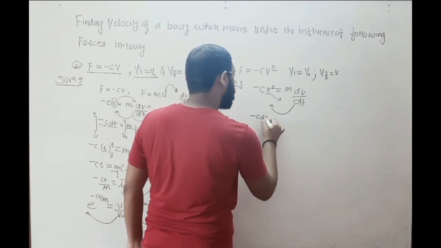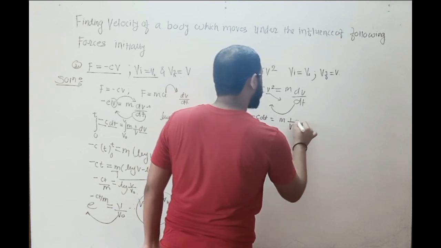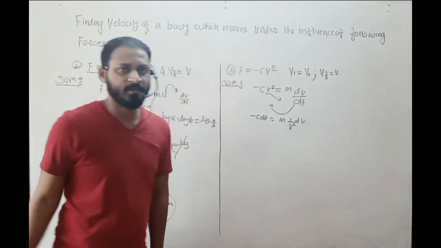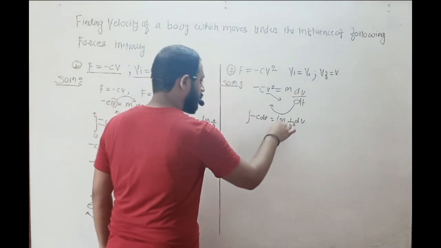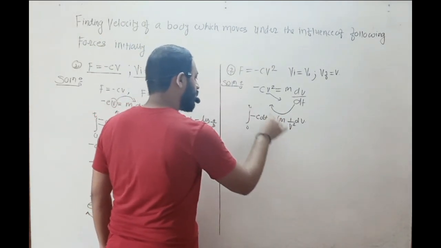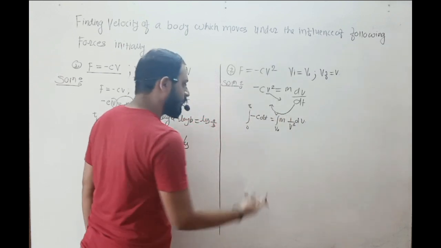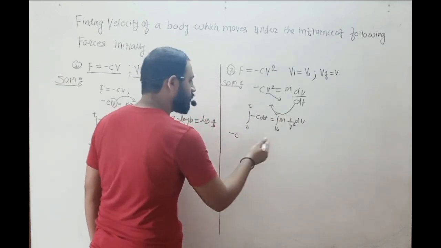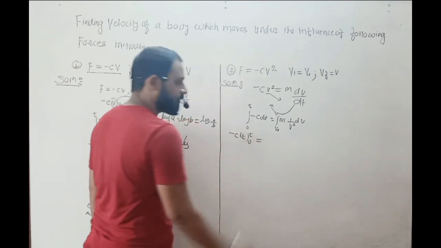Minus c dt by m as it is, equals 1 by v squared into dv. Any problem? No. Now take the integral, 0 to t here and v0 to v.